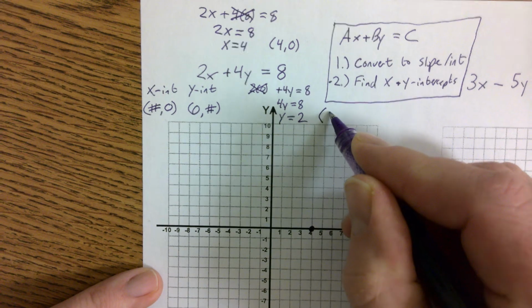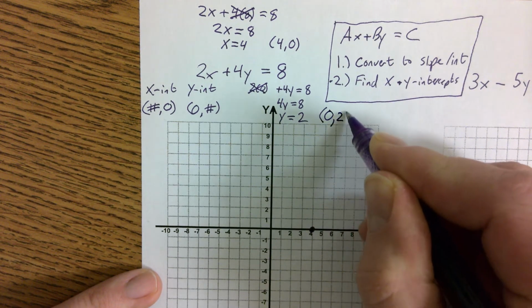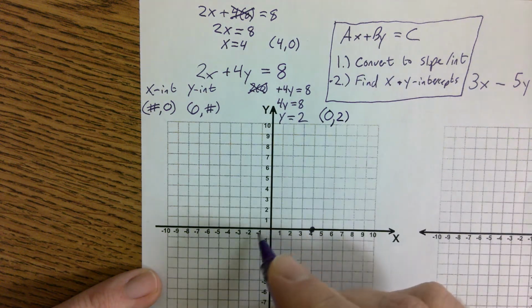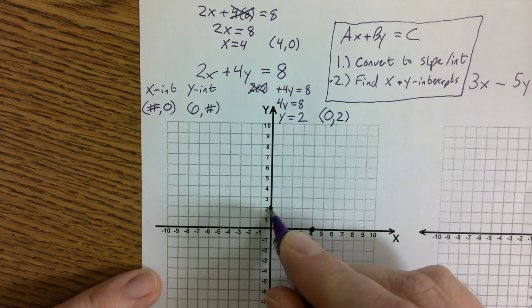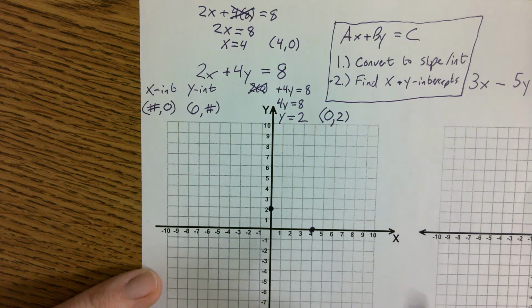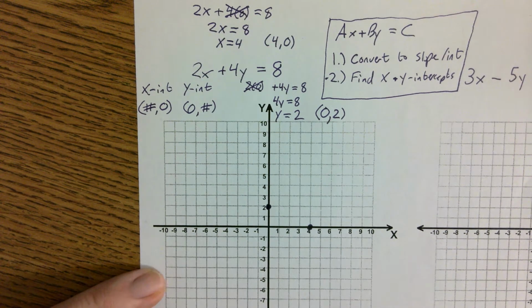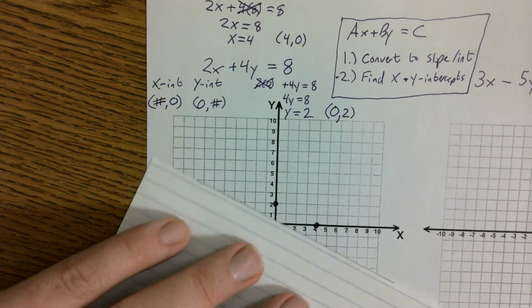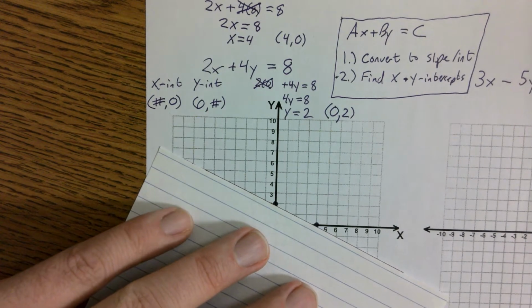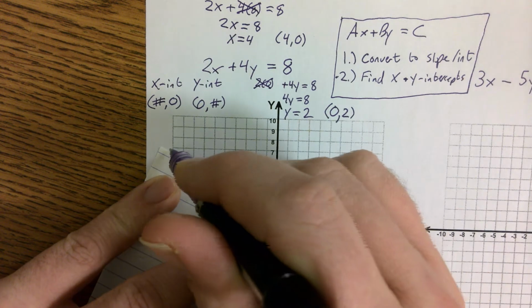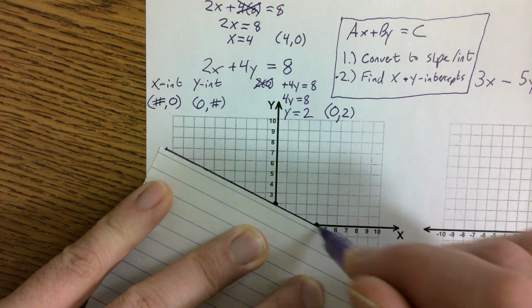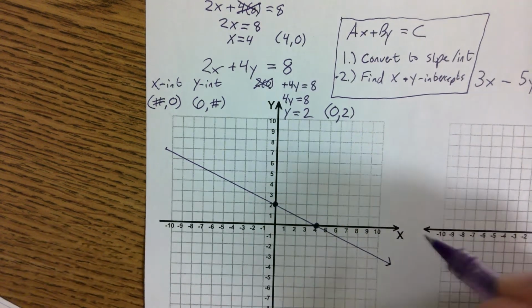So my y-intercept is (0, 2). I don't go over at all, but I go up 2 on the y-axis, and now I have graphed my y-intercept and my x-intercept. Get my straight edge. I only have 2 dots, and that's okay, because all you need is 2 to draw a line. Connect them, and we're good to go.